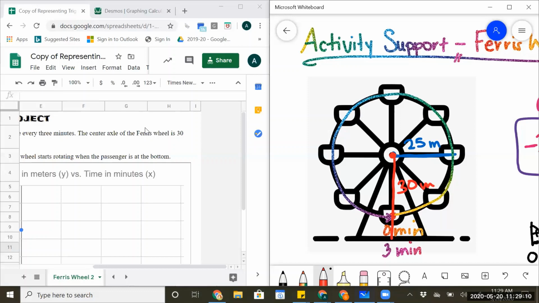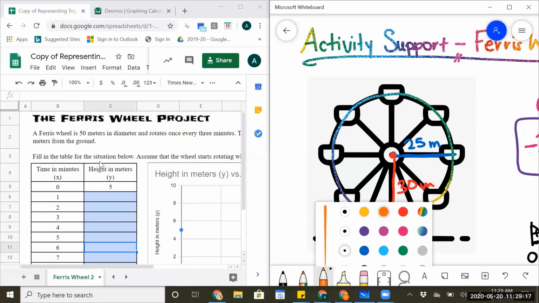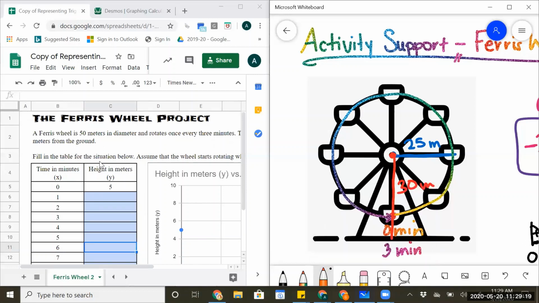All right, so now that we've got all this information, let's break some things down for ourselves. First off, if I'm 30 meters off the ground at the axle, but the radius of the ride is 25, we can go ahead and conclude that the height from the ground is 5 meters.